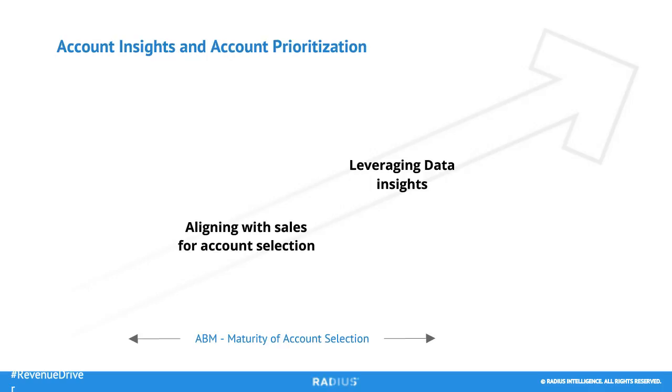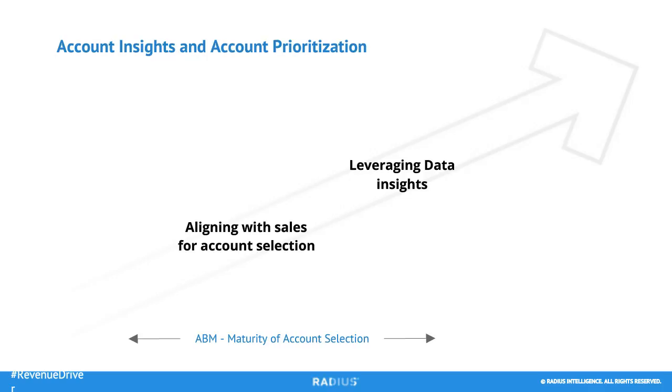Then as we get even more mature, really leveraging data science and insights to help create that strategy. So as you analyze your own customer base, you look at what types of industries, what types of key technologies, and common attributes your successful customers have that you can apply to your prospects.